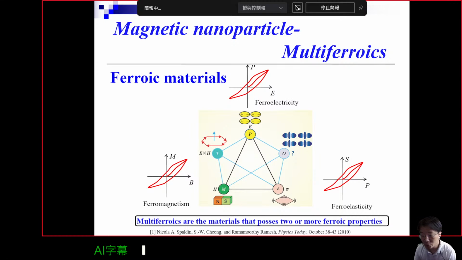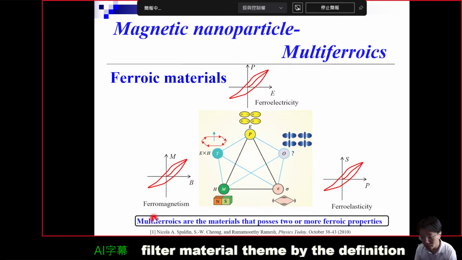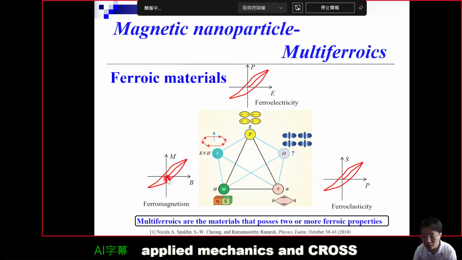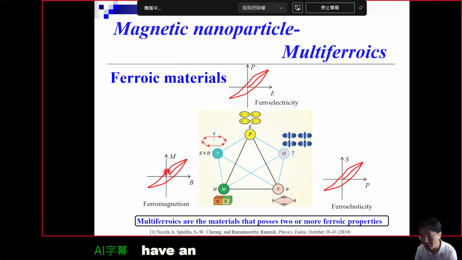Last week we just introduced ferroic materials. By definition, multiferroics are the materials that possess two or more ferroic properties. For example, if we apply a magnetic field and close it, then the induced magnetization has a remanence.